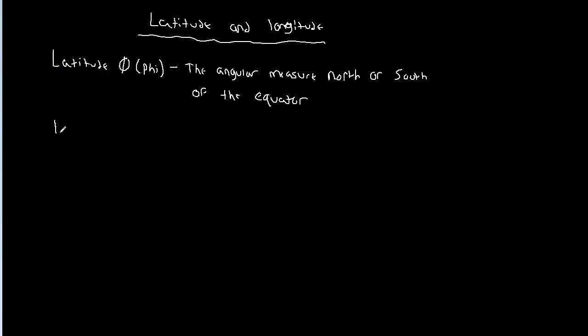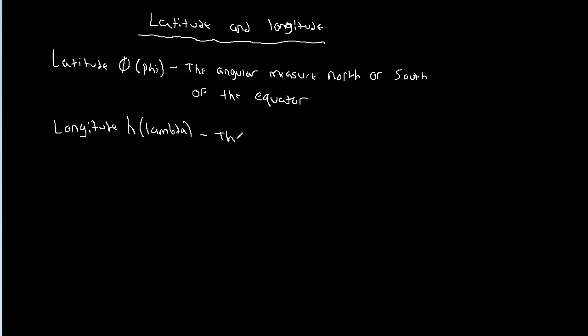We also have something called longitude, which is sometimes denoted with something that looks like this. That is called lambda. So you'll see these two symbols used in a lot of equations. Phi for latitude, lambda for longitude.